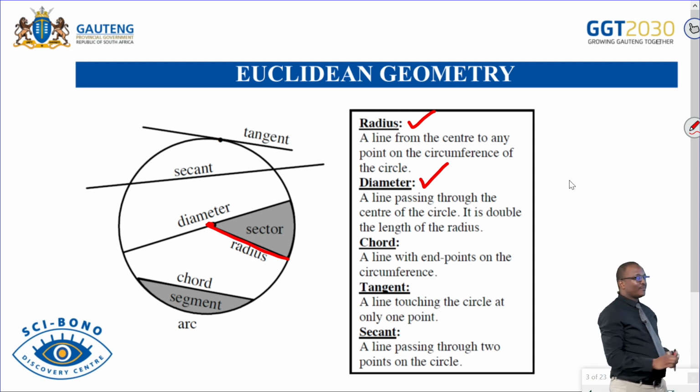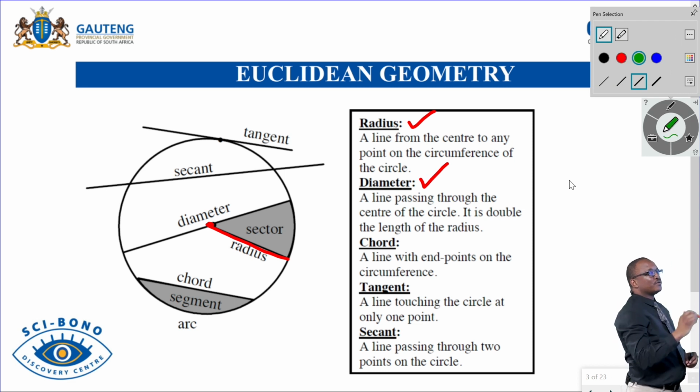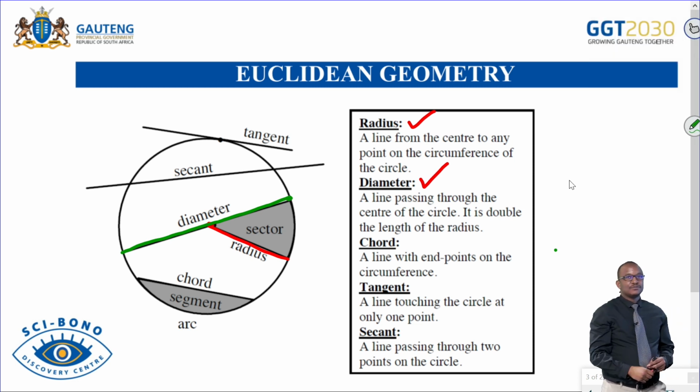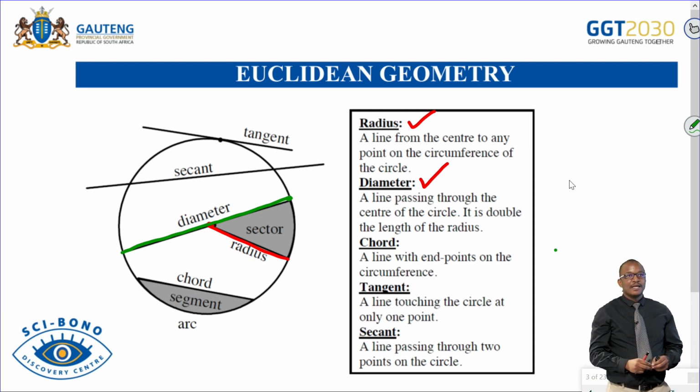So when we're speaking about our diameter, we're speaking about the line that is moving from one side of the circle, passing through the center to the other side of the circle. It must pass through the center and is touching the circle 2 times.